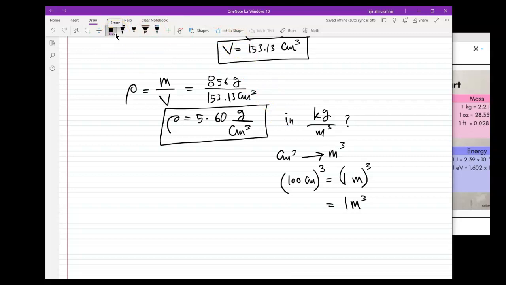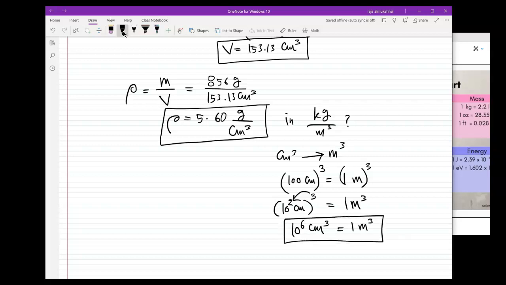So let me just analyze it. I have 100, which is 10 to the 2 centimeters. Now when I cube that, it's going to be 10 to the 6 centimeters cubed equals 1 meter cubed. I hope this is clear for everybody. You see that? Okay, so now I have a relationship between them.